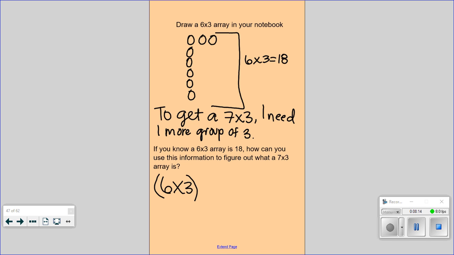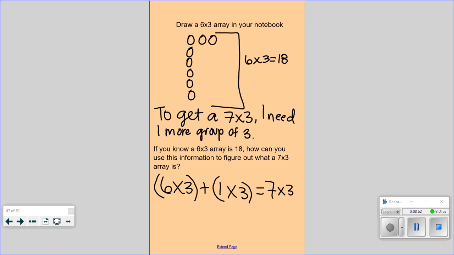Well, if I'm adding one more group, then I'm going to add in my math language plus one group of 3. I know what that is in math equation language. One group of 3. And I'm going to put this in parentheses because it's its own little group. And I know when I add these two things together, it's going to equal 7 groups of 3.